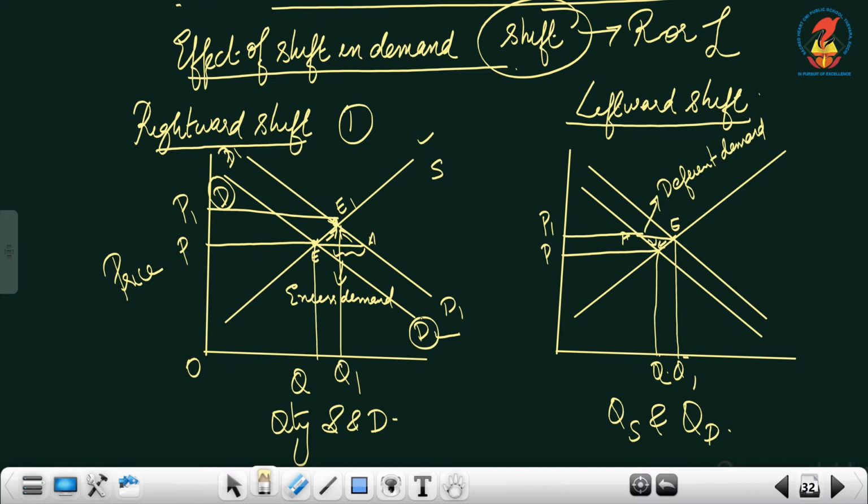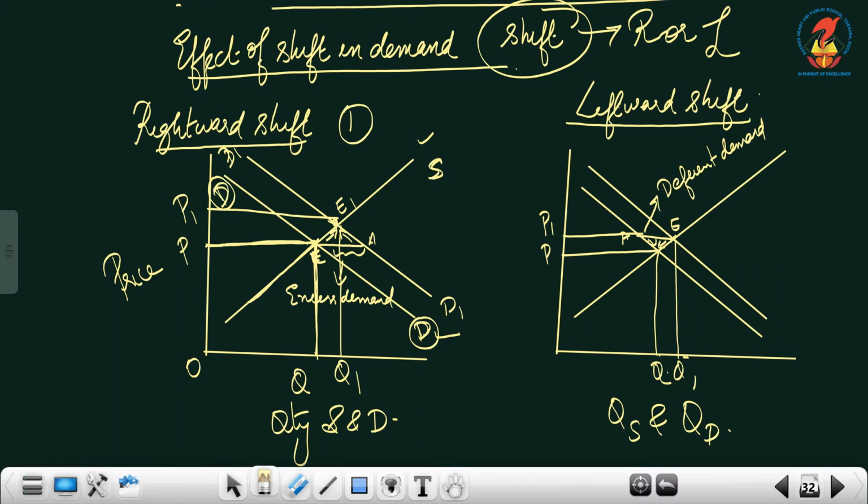Now the initial demand curve is intersecting the supply curve at point E. From that point, if you draw to the y-axis, you will get the price, and if you draw to the x-axis, you will get the quantity. So OQ is the initial quantity and OP is the initial price, E is the equilibrium point, D is the demand curve and S is the supply curve.